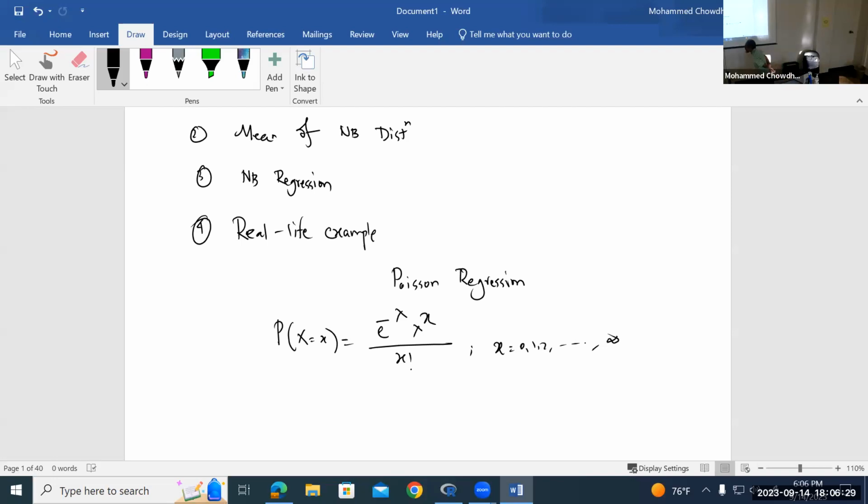Okay, this is called the Poisson distribution. And in last class, I mathematically derived this Poisson distribution from the binomial distribution under two assumptions, where lambda is a parameter equal to np. np is the mean of the binomial distribution.